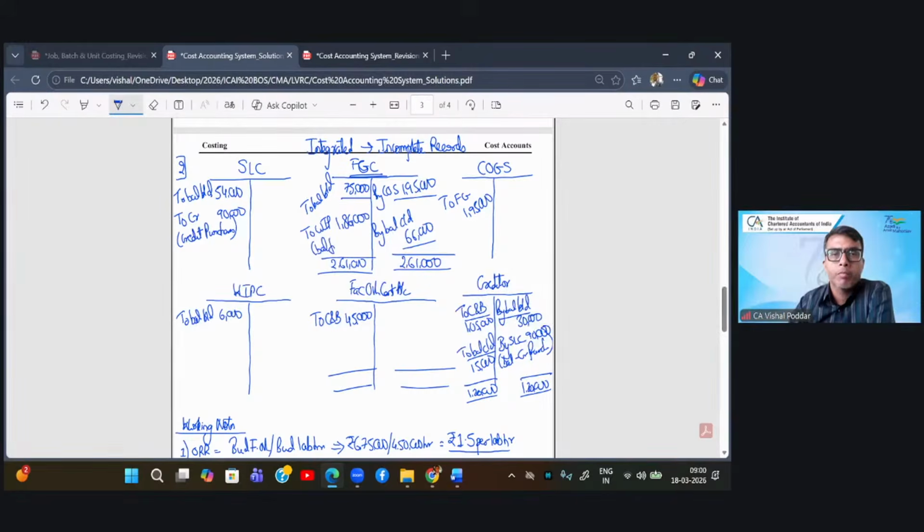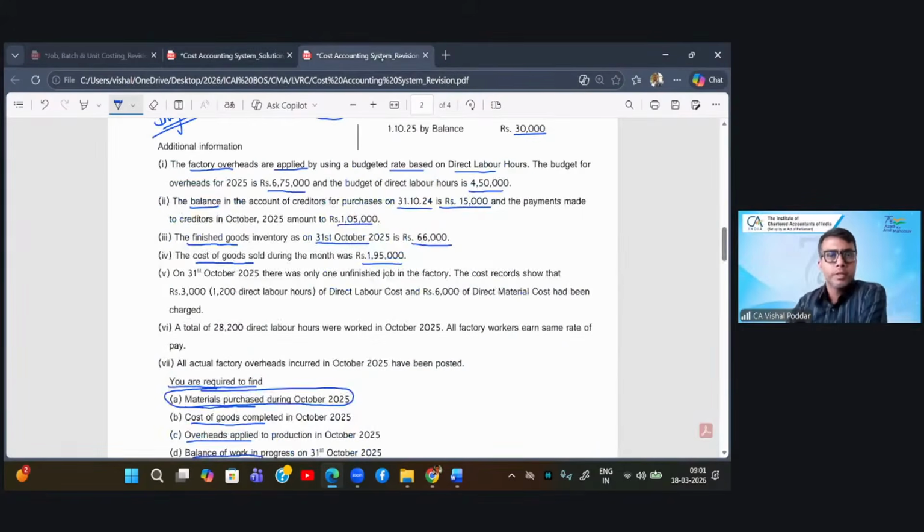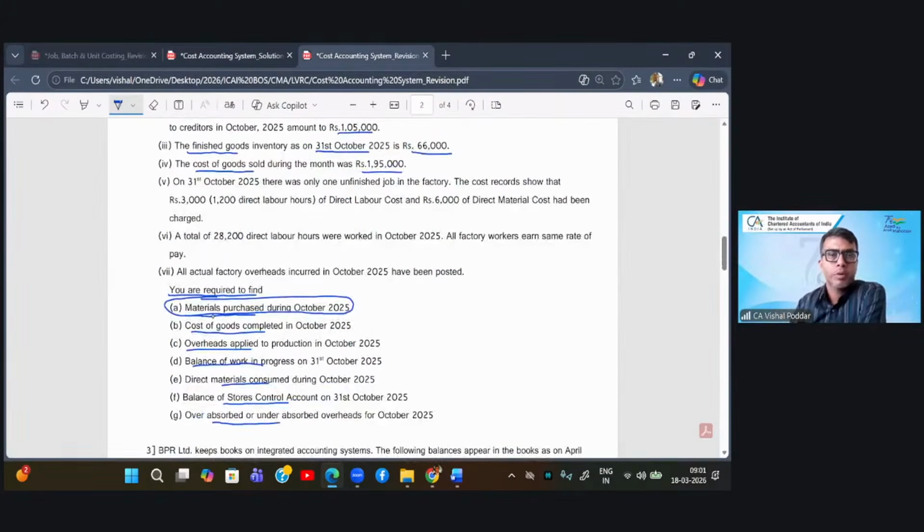This is your balancing figure of finished goods produced. Correct? So 186 is finished goods produced. So from where is it coming? By FGC 186. So we have found out the other balance also, cost of goods which are produced or completed during the period.